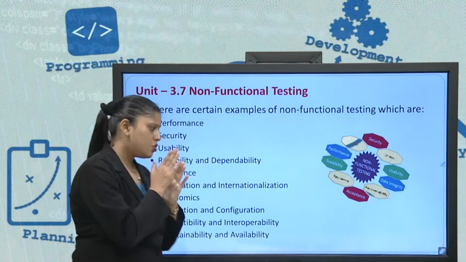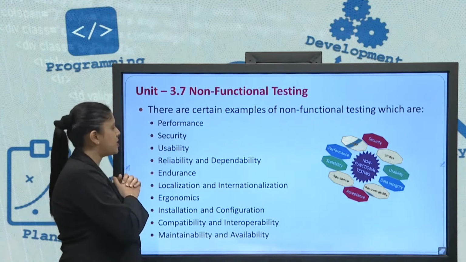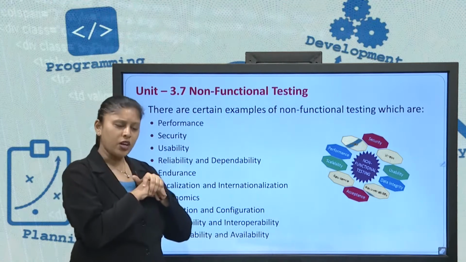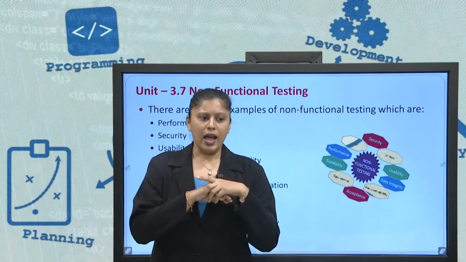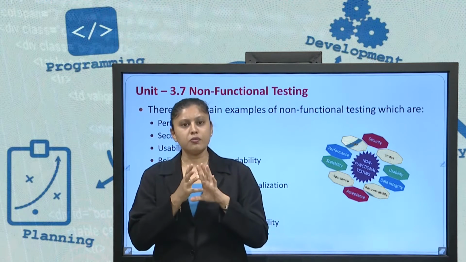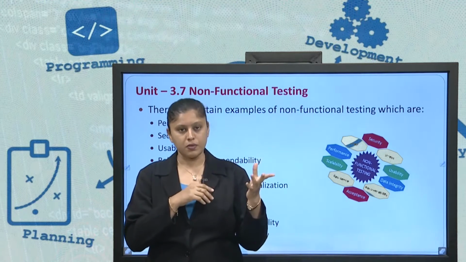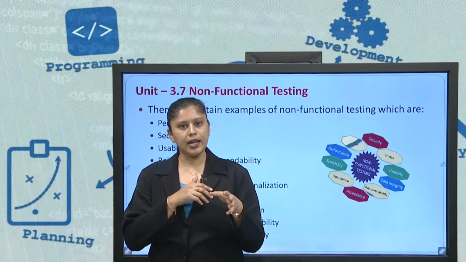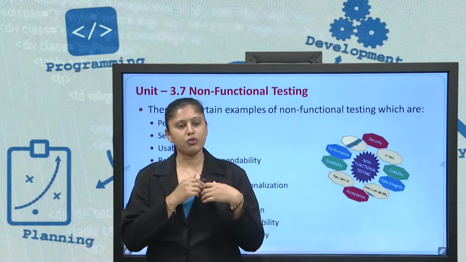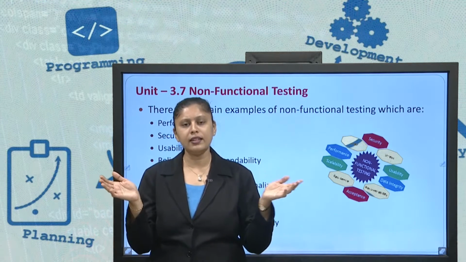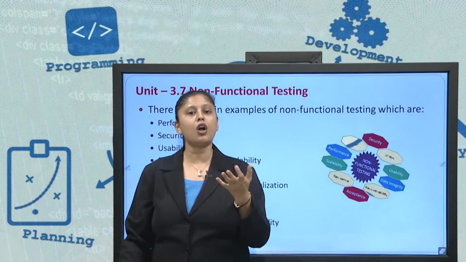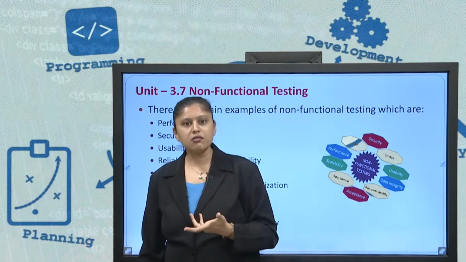So to check that performance, we have performance testing. Then we have security. Whatever product I am developing, I should be sure it is secured enough for my end users. If my end users are feeding some data into it, and if that data is thrown out on the internet to everybody, then that shows that my particular product is not secured, right? So we check on the security.